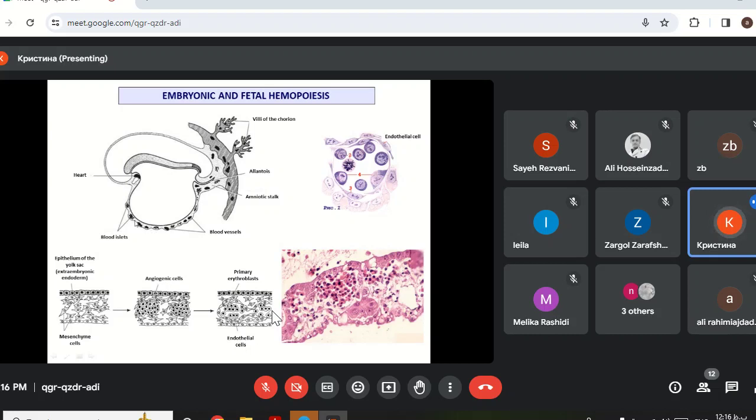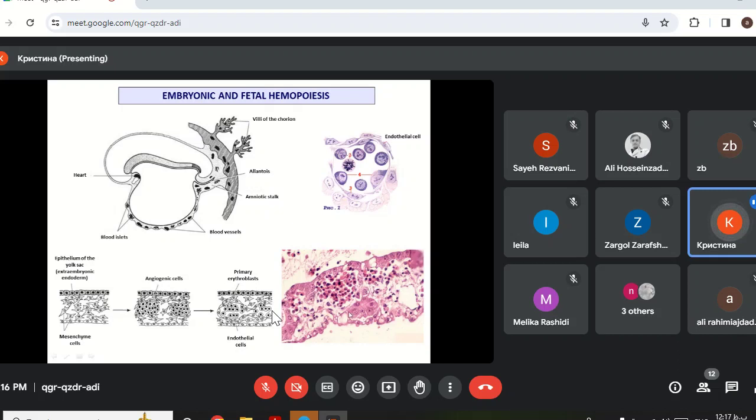Here we have extraembryonic mesoderm, which is also called extraembryonic mesenchyme, which looks like this: cells with a lot of processes. Then they start to come closer to each other, and they become the first cells of blood, primary erythroblasts, and some of the mesenchymal cells become the cells of blood vessels, endothelial cells.